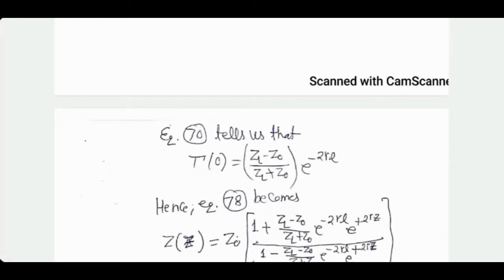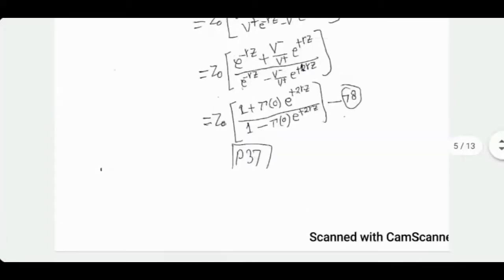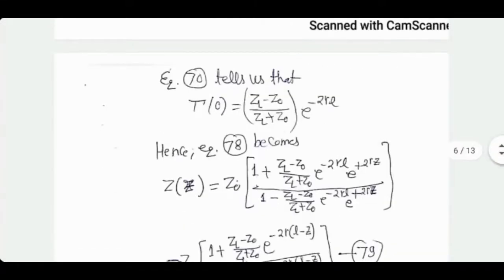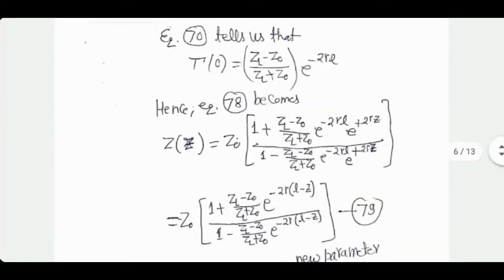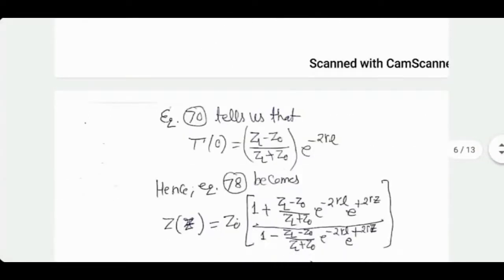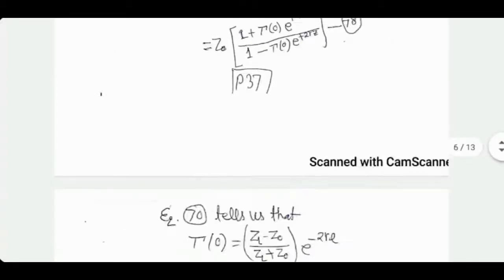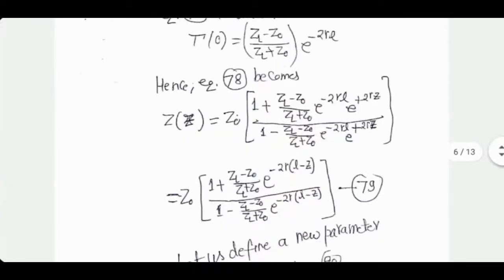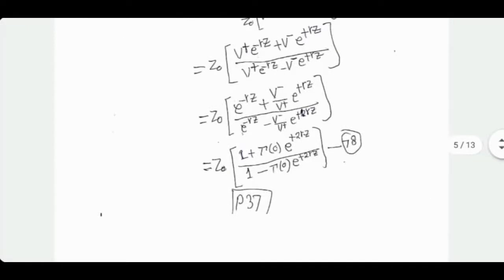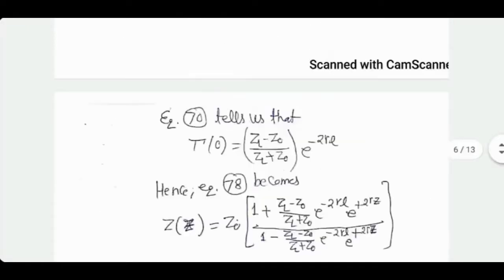Now the input reflection coefficient has its own value. We have figured it out in the beginning of the document. So if I put that value here, the formula for line impedance becomes very interesting. What I have done is I've taken this equation for tau 0 and put it in equation 78. A bit of mathematics here. I hope there is no mistake in my derivations. 1 plus tau 0 e to the power plus 2 gamma z, right?